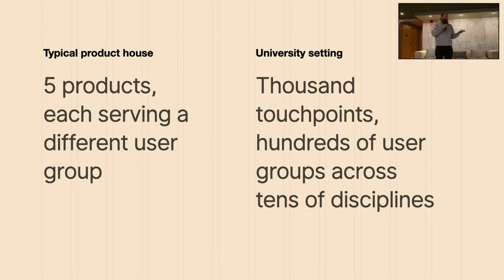Now in a university setting, when we started we had north of 450 websites, and now it's up to 1,000 plus. There are hundreds of possible users for the design system, and they come from tens of different disciplines. So they might do the same thing but want to do it very differently.